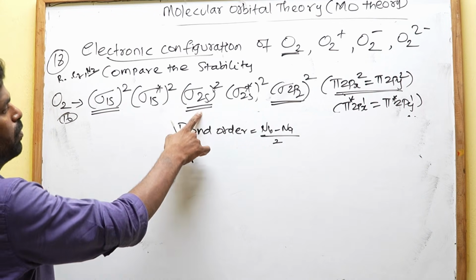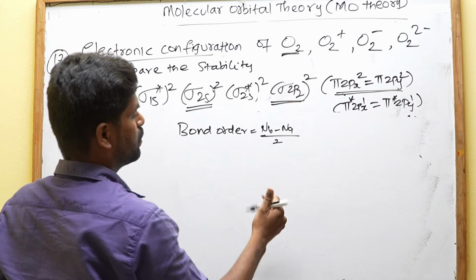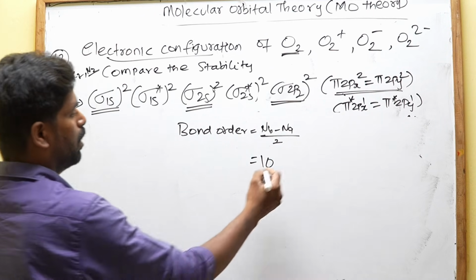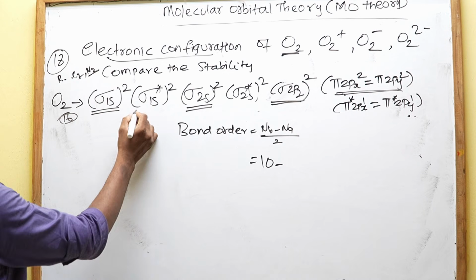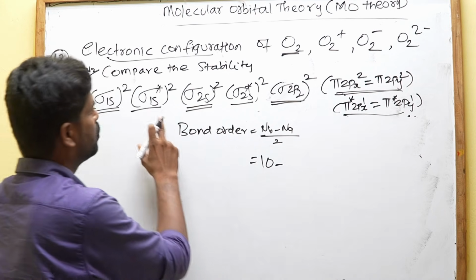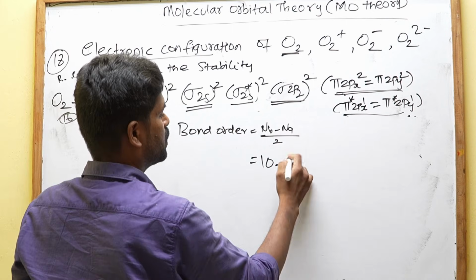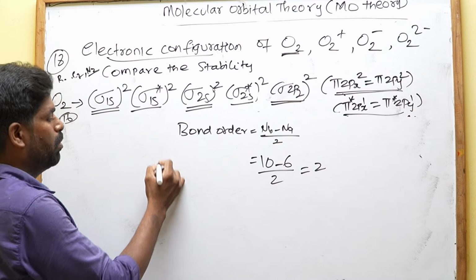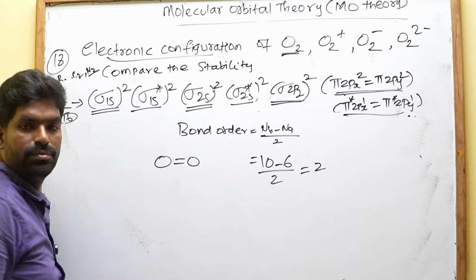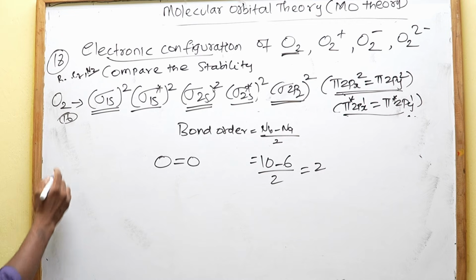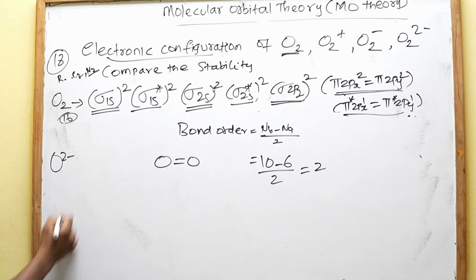So in the bonding molecular orbitals we have 10 electrons, minus the antibonding level. This is antibonding, this is antibonding, this is antibonding. So 2, 4, 6, which is 2. So a double bond exists between oxygen atoms. Can we calculate the bond order for O2 minus?